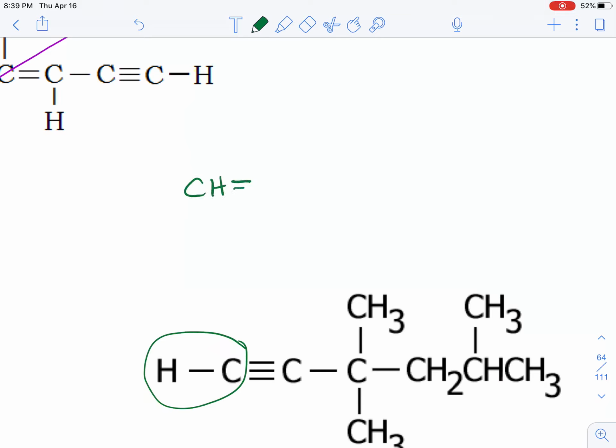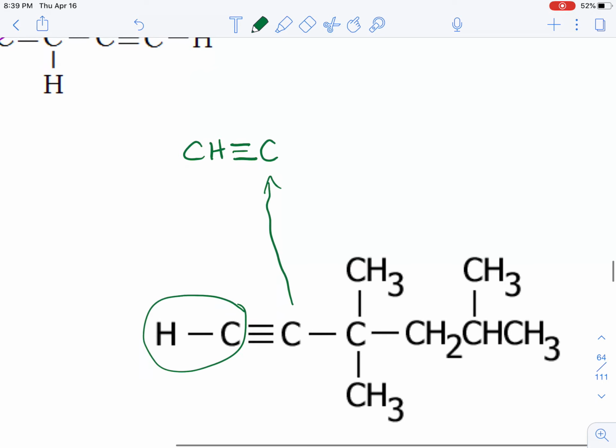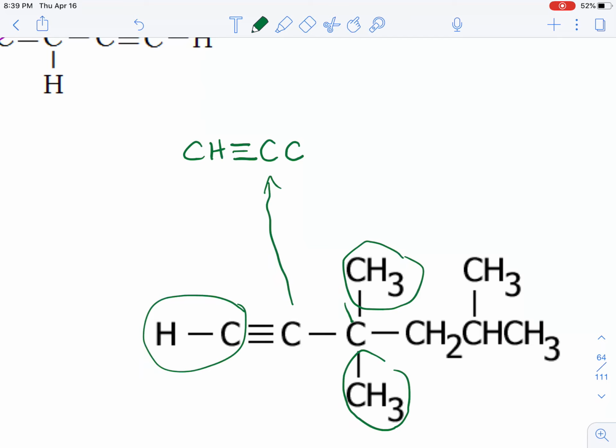Carry over the triple bond. And the C, the carbon. Now here I have the carbon, and I need to put that carbon first. And then I need to show the connection, just like how it's shown here. And so I'm going to put a branch from that central carbon, put CH3, and then put CH3.